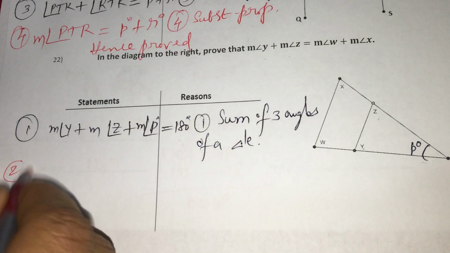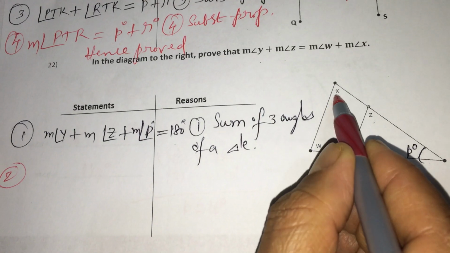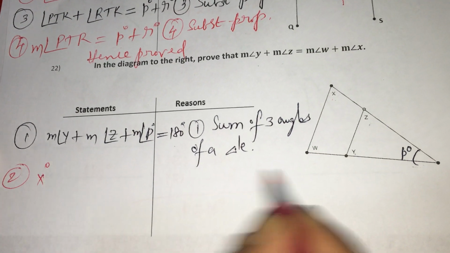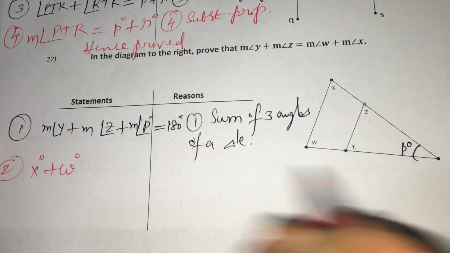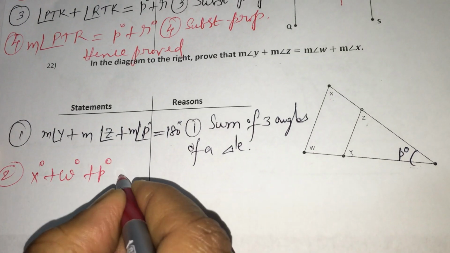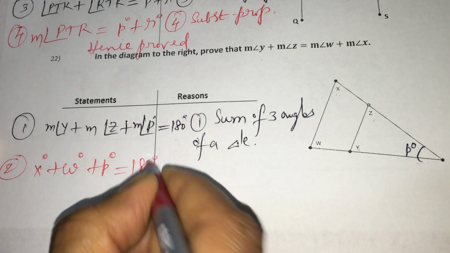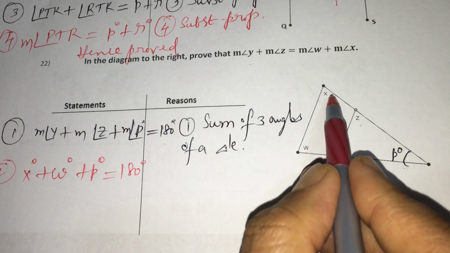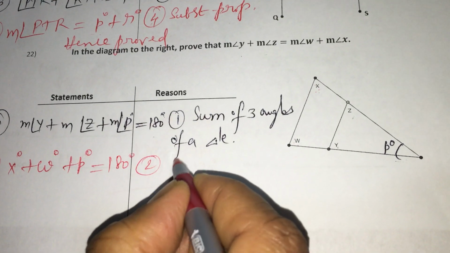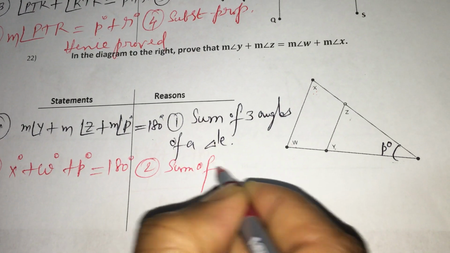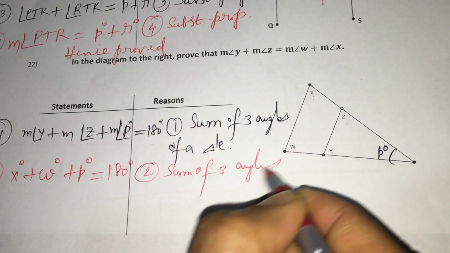And if you see the second one, this bigger triangle, here also this x degrees plus w degrees plus p degrees. When you add these three, that is also 180, because this is the bigger triangle, the sum of the three angles is 180. So I can write sum of three angles of a triangle, one more time.